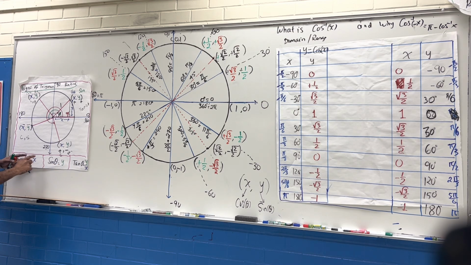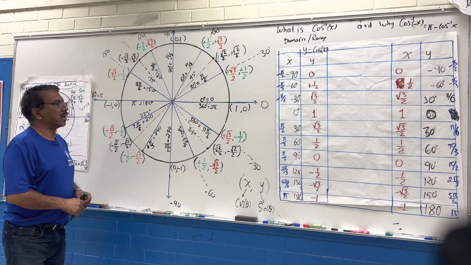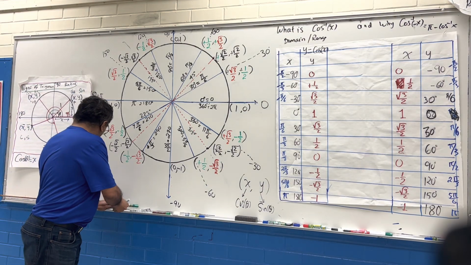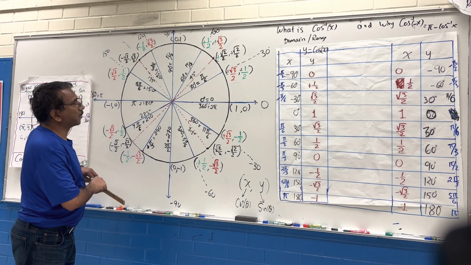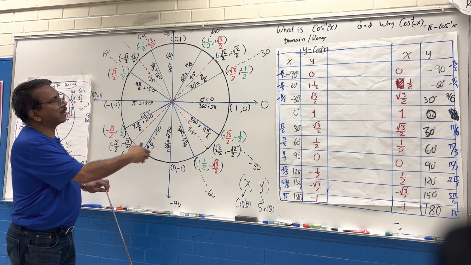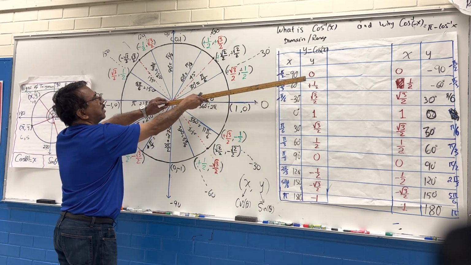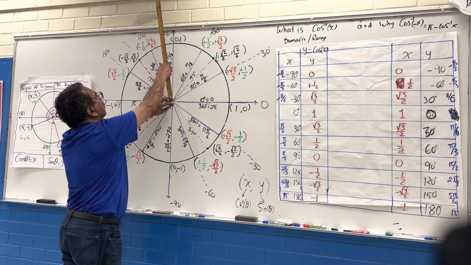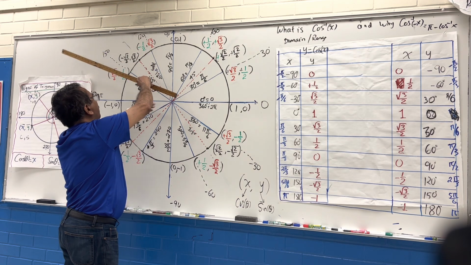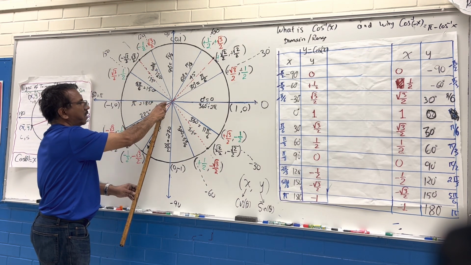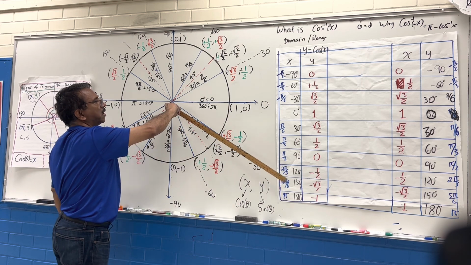Right now I'm focusing only on x. If you look at the big unit circle here, I've taken all the angles that are multiples of 30. So if this is 0, then 30, 60, 90, 120, 150, 180, 210, 240, 270, 300, 330, 360.